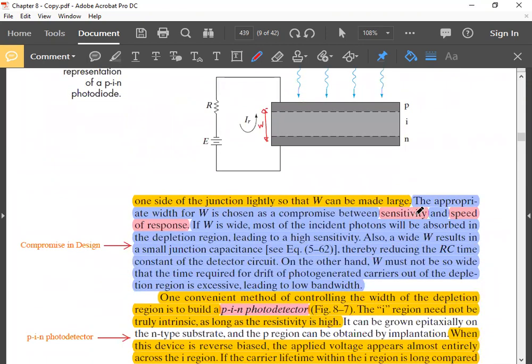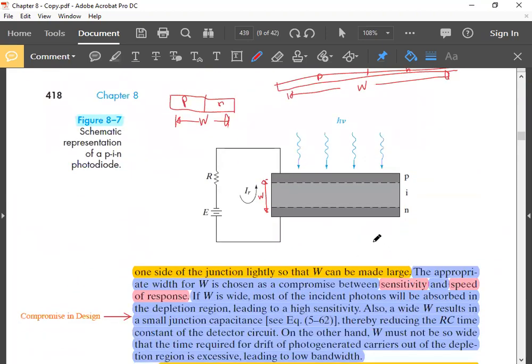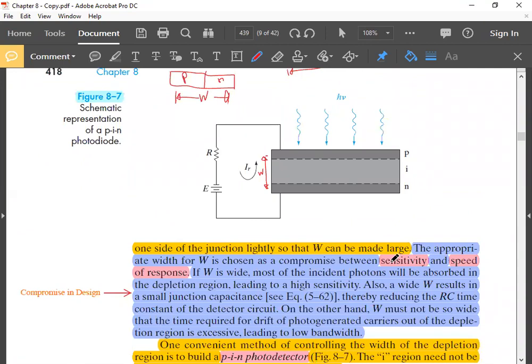Now there are two important figures of merit of a photodetector. One is sensitivity and one is the speed of response. I already talked about speed of response, how fast the photodetector can detect the variation of light. And sensitivity is the minimum level of optical energy which can be detected by the photodetector.